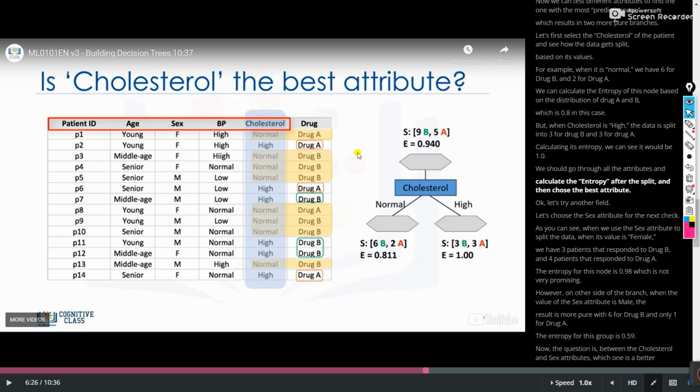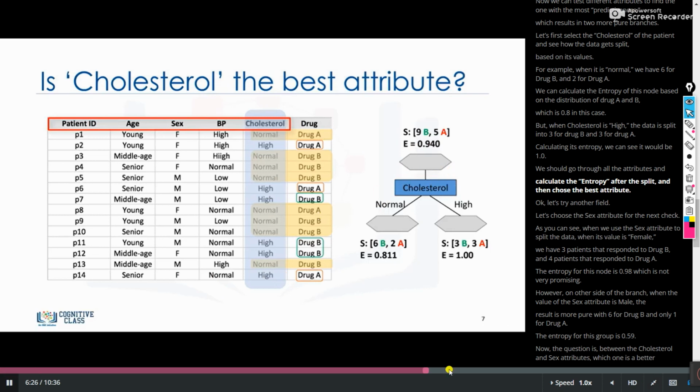So you want to make a decision tree for all the features, then calculate the entropy for each? Exactly. Which one should be the splitting point? They are calculating one; they have not concluded yet that cholesterol will be the first splitting one. That we will see later.